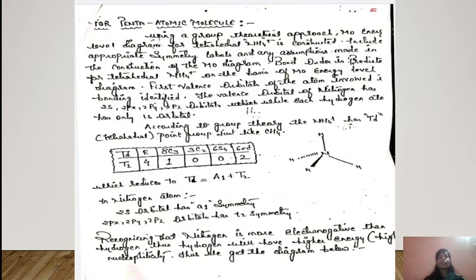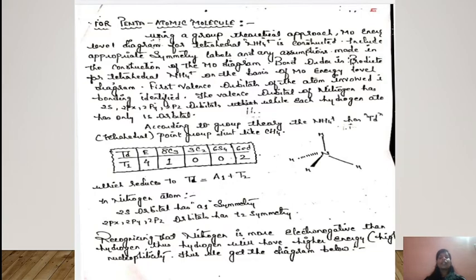We have studied this in group theory, so I think you will all understand. This reduces to A1 and T2. A1 means a singly degenerate orbital and T2 means a triply degenerate orbital. In the nitrogen atom, the 2s orbital has A1 symmetry, and the 2px, 2py, 2pz orbitals have T2 symmetry, so 3 plus 1 is 4.